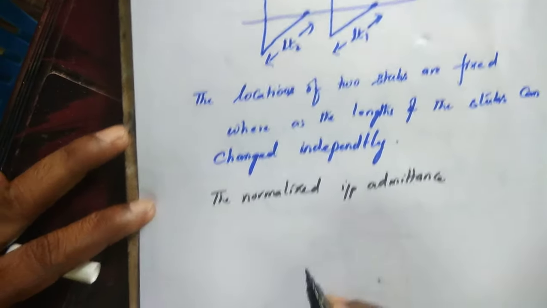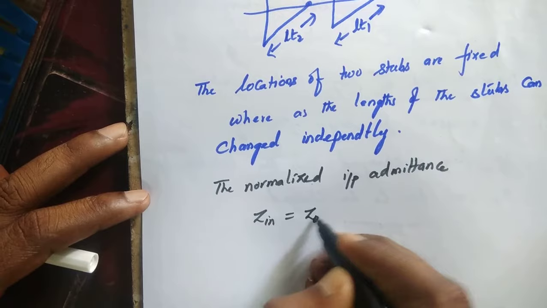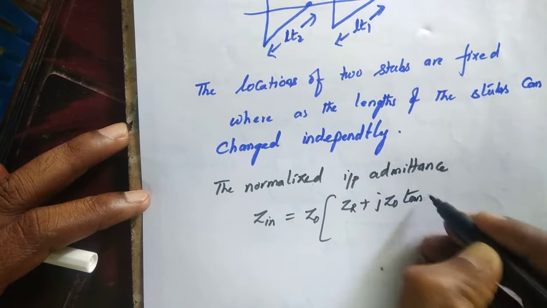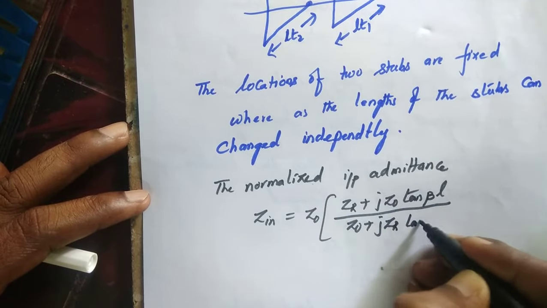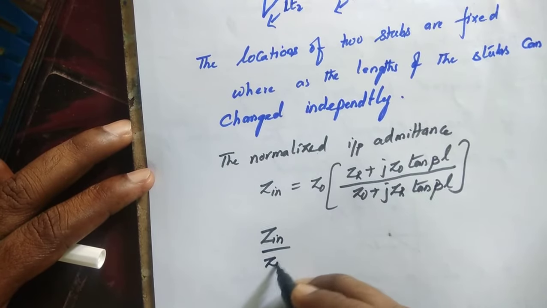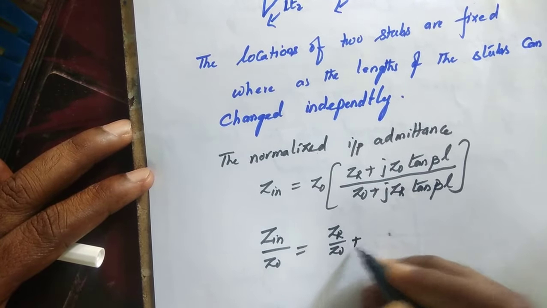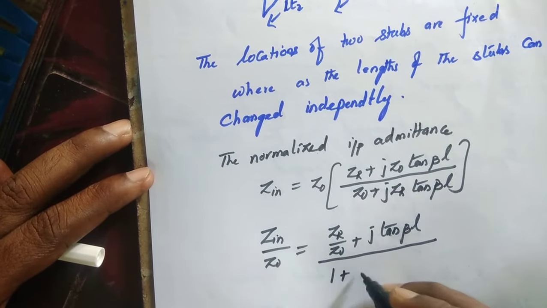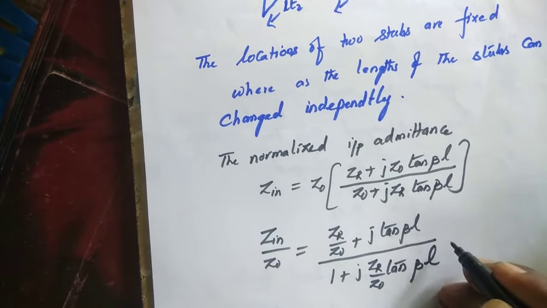Generally we know that for a lossless transmission line, the input impedance Zin is Z0 times (ZR plus jZ0 tan beta L) divided by (Z0 plus jZR tan beta L). If you write the ratio Zin by Z0, it becomes (ZR by Z0 plus j tan beta L) divided by (1 plus j ZR by Z0 tan beta L).